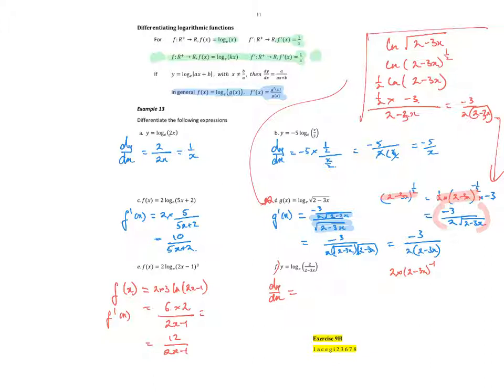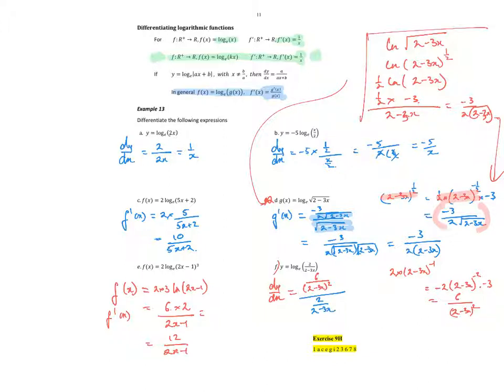The derivative of that is equal to negative 1 comes out the front, 2 minus 3x, take 1 from the power, times the derivative inside, which is negative 3. So that gives me negative 2 by negative 3, which is 6, over 2 minus 3x squared. So my derivative is equal to 6 over 2 minus 3x squared divided by 2 over 2 minus 3x.